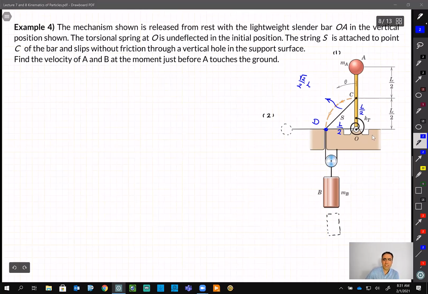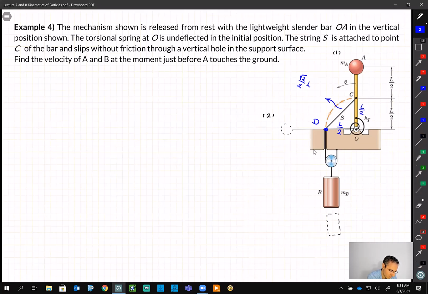So the question is, can we say the mass is going to be further down? Don't get confused by this S here. Let me get rid of that. This S is the name of this string, it's called S. We don't know the length of that, but we can find the relation between L2 and L2.